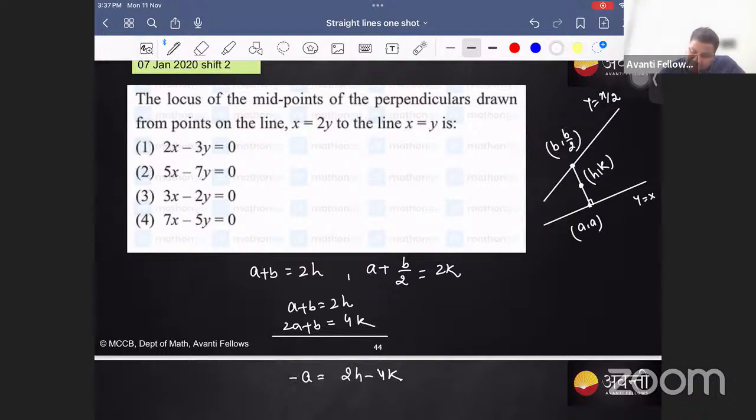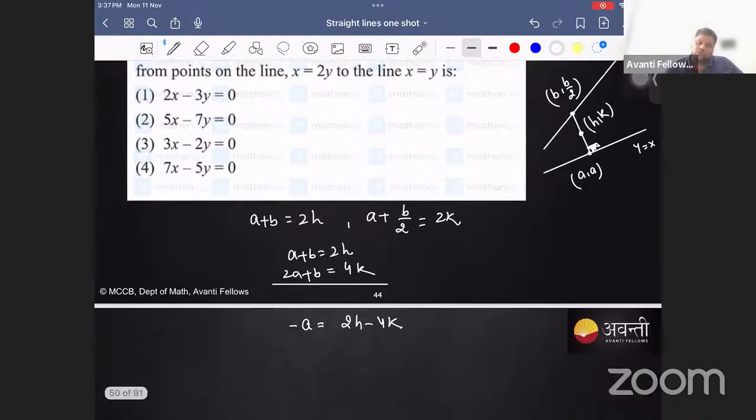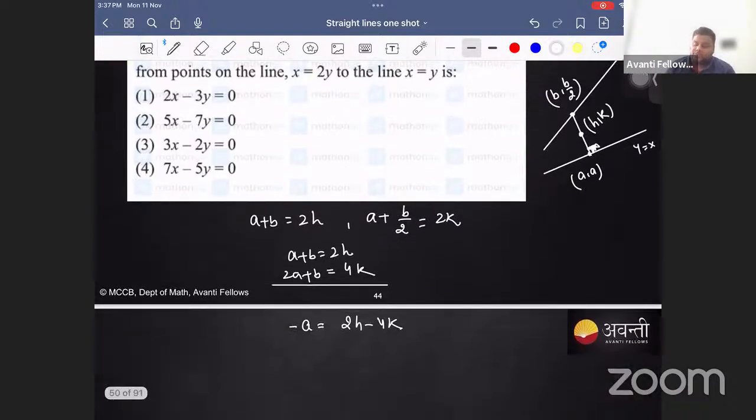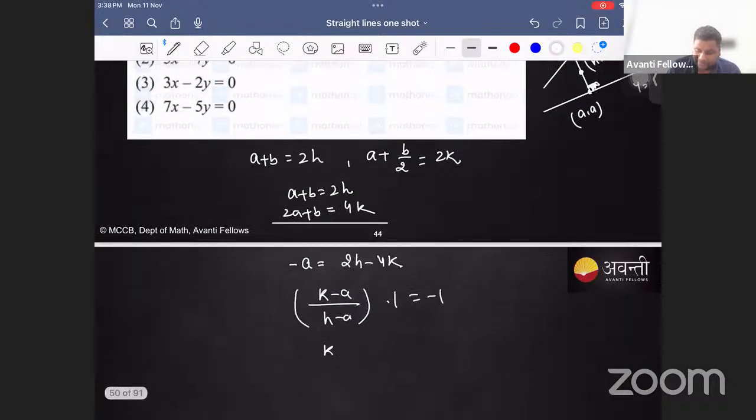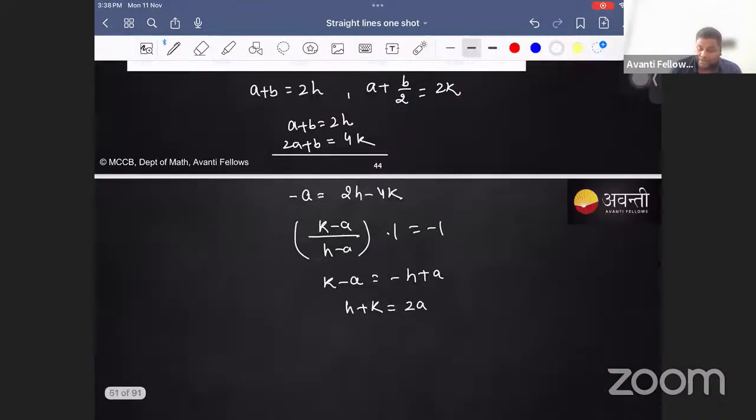Now one more thing, since they are perpendicular, the product of the slopes of these two lines will be minus 1. So (k minus a) upon (h minus a) into 1 is minus 1. So k minus a is minus h plus a. So h plus k is 2a.